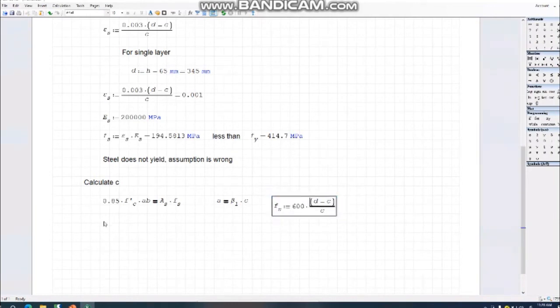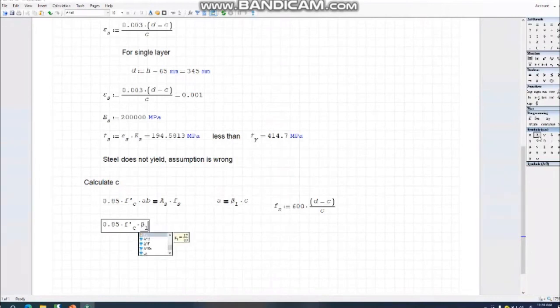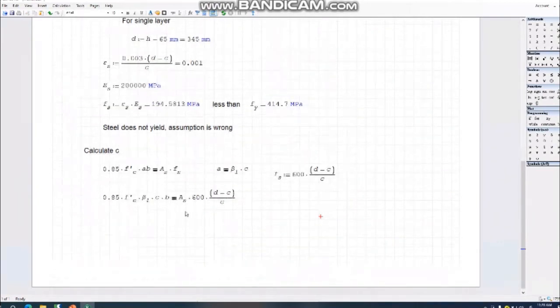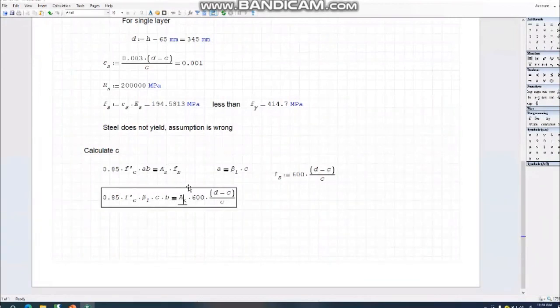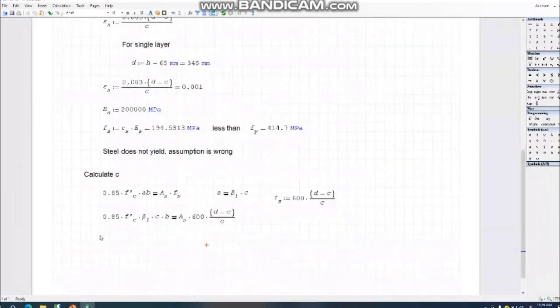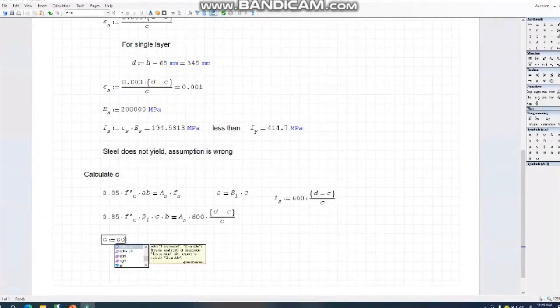So, we substitute it also. This now becomes 0.85 times Fc prime times our A being beta 1, so algebraic multiplication of beta 1 times C times B. A is equal to As times 600 times D minus C all over C. We can calculate this using a quadratic equation, but in this case, we will solve for C directly.